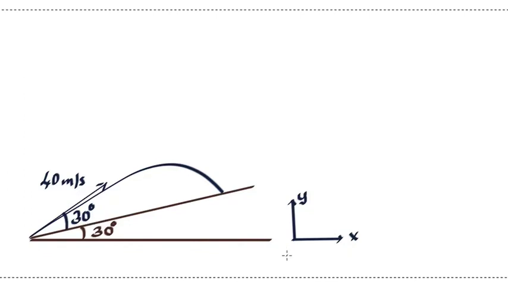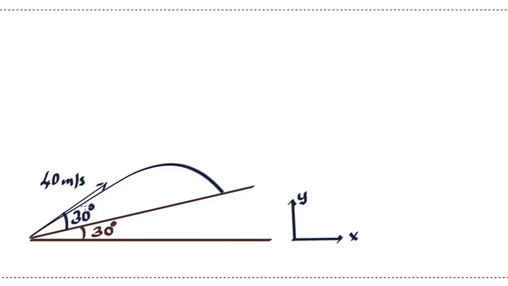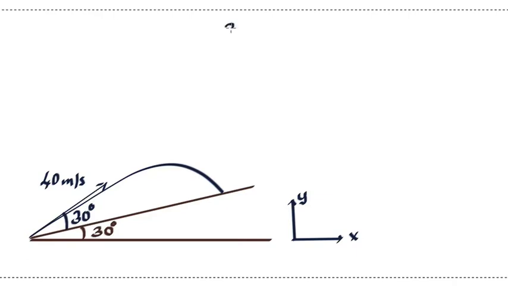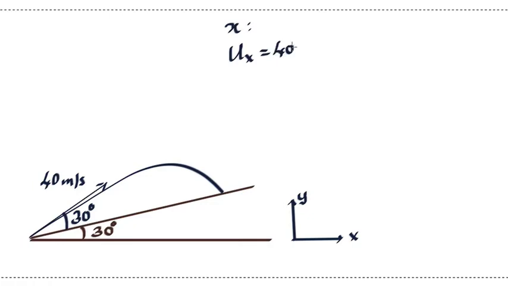Once you choose your coordinate system, you write down all the quantities, which are the initial velocity, acceleration, etc. in terms of their x and y components. The initial velocity's x component is 40 cos 60.